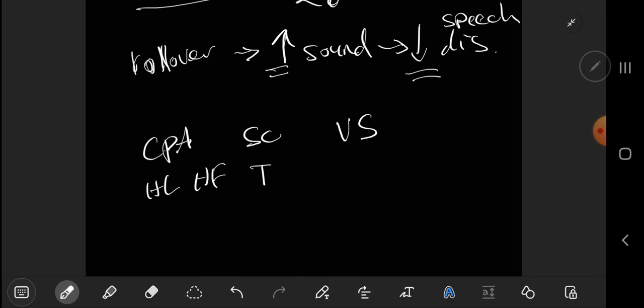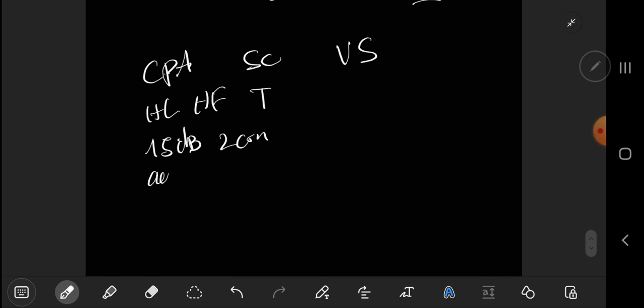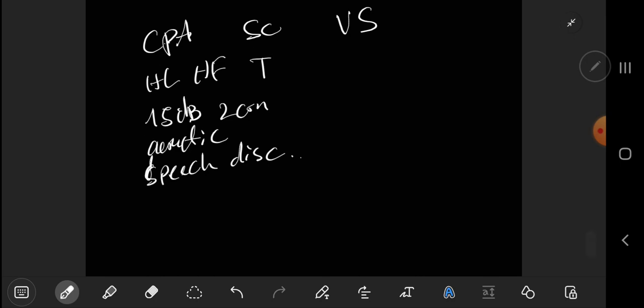It can also cause vertigo, with usually at least a 15 decibel difference in two consecutive frequencies between the ears, with acoustic decay and with speech discrimination that is worse than what you would expect. This tumor can be recognized using MRI with gadolinium in the cerebellopontine angle.